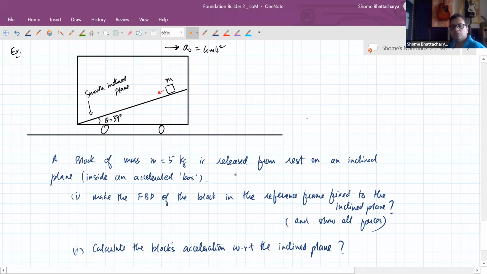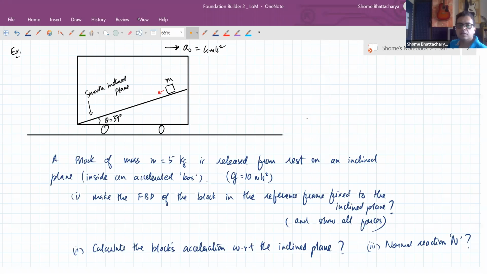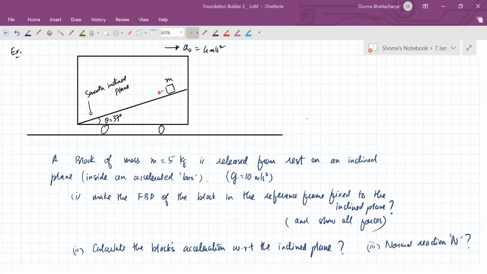We'll take the value of g as 10 meters per second square as usual. And once you've done that, we also want to calculate the normal reaction force N acting on the block. Okay, so start with the free body diagram. If you just remember the concept of pseudo force in a non-inertial frame, it should not be too difficult.